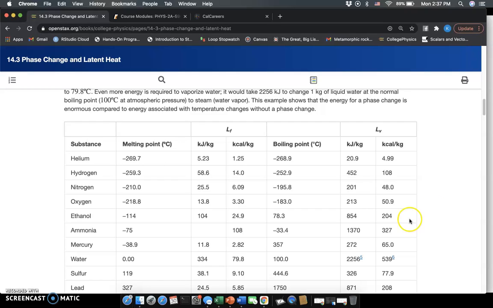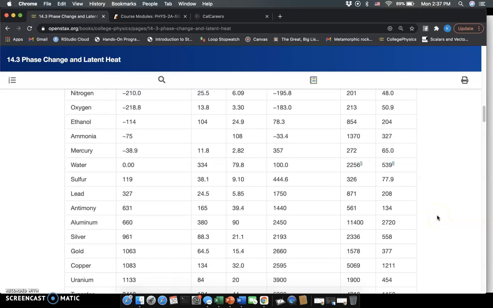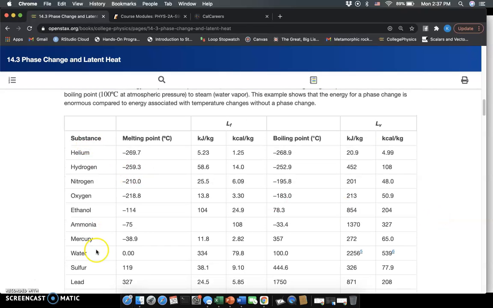Okay, here it is. So here's our table, and we've got our substances, we have our melting and boiling points, and then we have our latent heats of fusion and vaporization. You'll read this like the other tables.